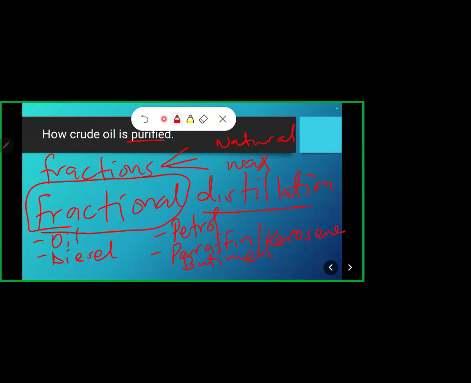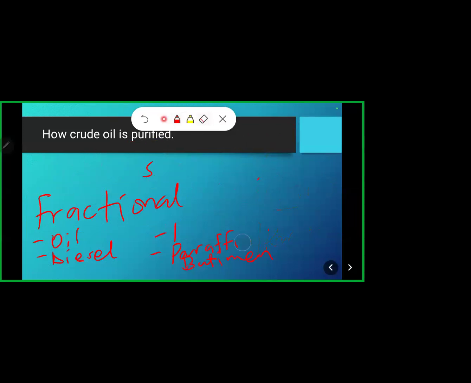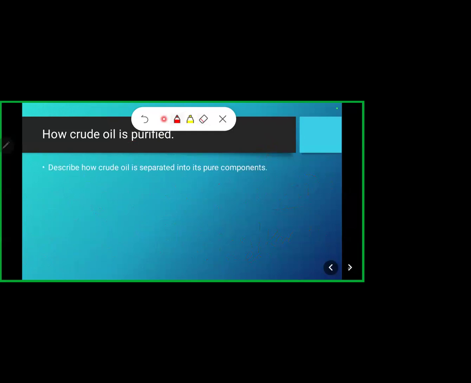You realize that the trays above are cooler than those below because the furnace is closer to the trays that are below. I have a diagram here, though it may not be very clear on your screen, but I want you to follow through as I explain, because I failed to get a better resolution for the diagrams I used. So sometimes you may need to pay more attention while I explain.